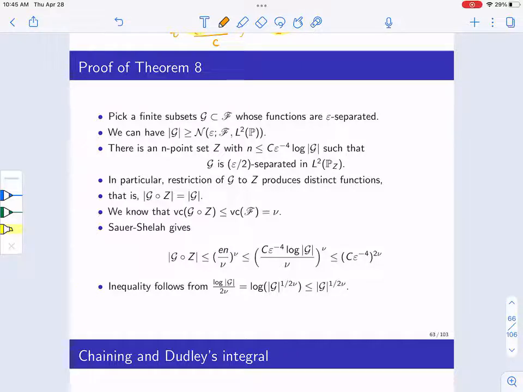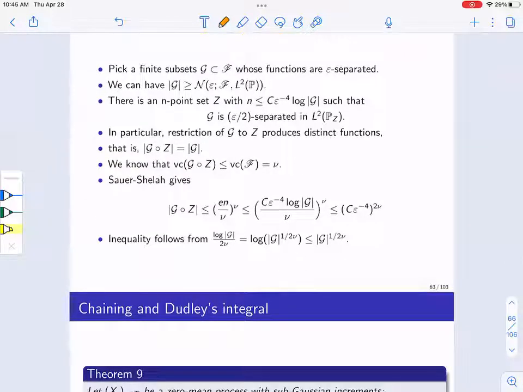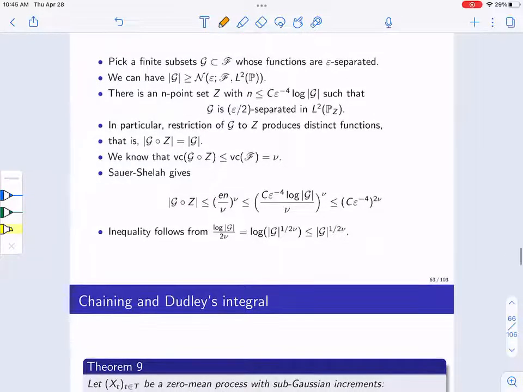And then there's this little inequality here. So you can see the n here, I'm just replacing from the upper bound that I have here. I can write this as C epsilon negative 4 log G divided by 2 nu, right?